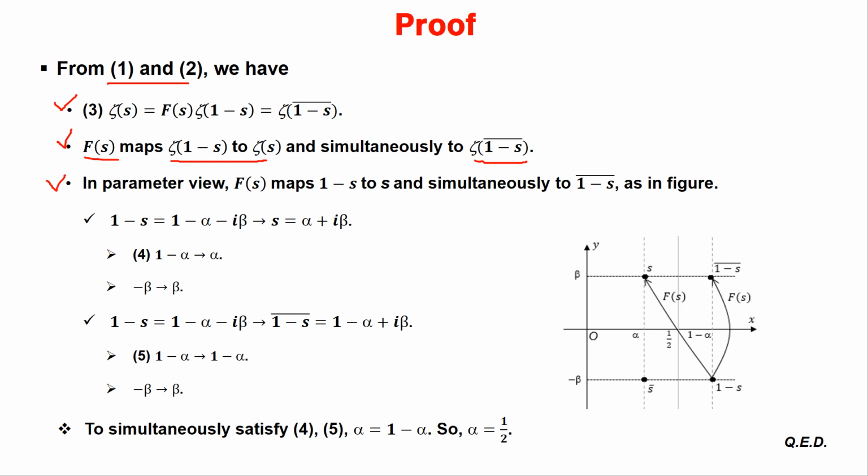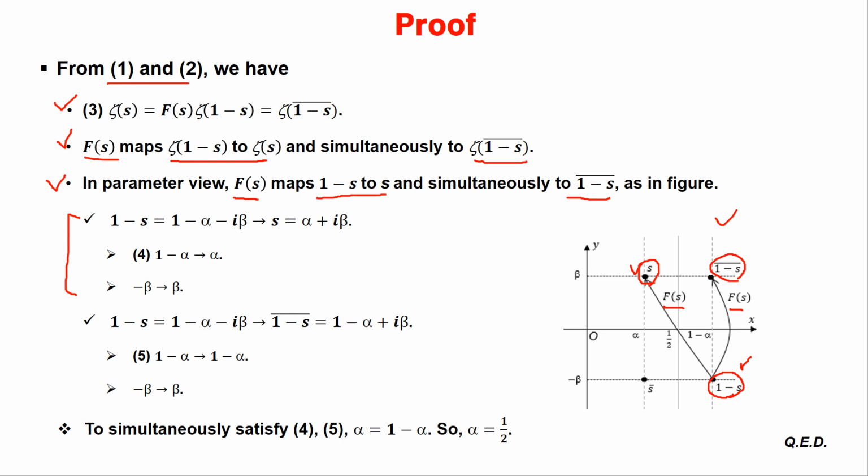In the complex view, F(s) maps this parameter to s and simultaneously to this one, as the figure shows. 1 minus s is here, and s is here, and the complex conjugate of 1 minus s here. We have the same F(s), and the first one maps this point to this point.